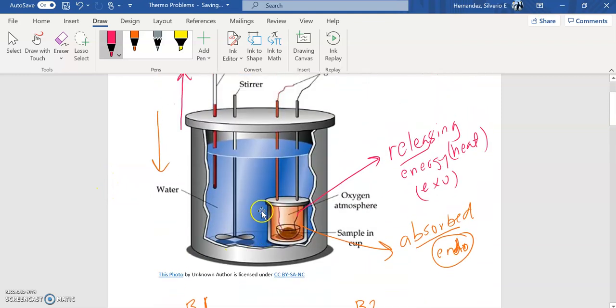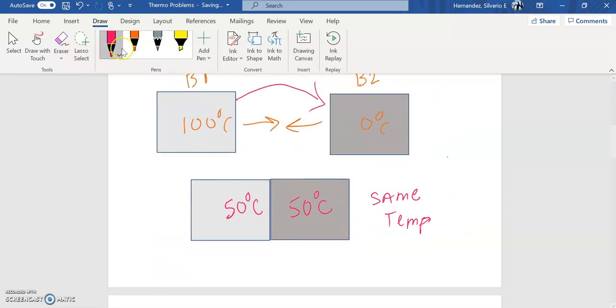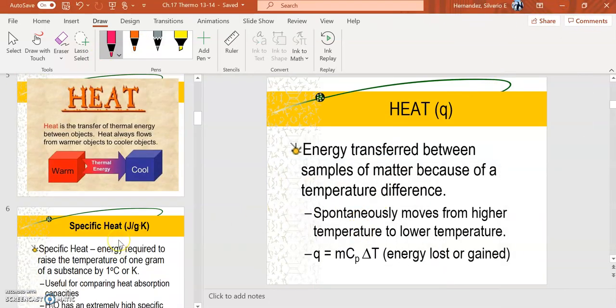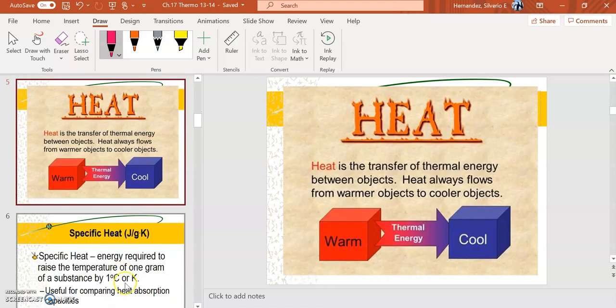Once the water and the energy being released from the chemical reaction or the physical change are equivalent, then that transfer of energy stops, just like we saw with the blocks. So that's what this slide is talking about right here, what I just covered with the blocks.